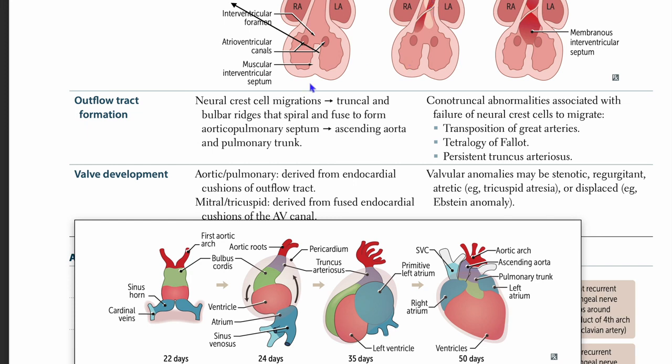Okay, so that's this part right here. And then you have the ascending aorta and pulmonary trunk. After this thing twists around like that, these arrows are showing you the twisting of it. So this doesn't move. It's this part that moves.